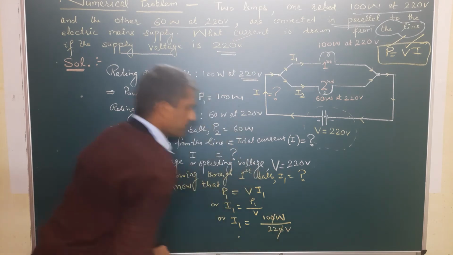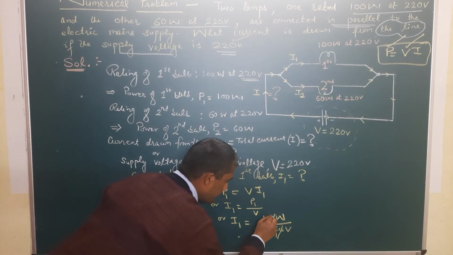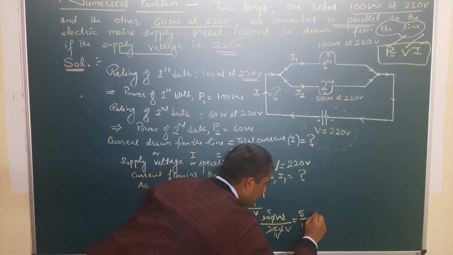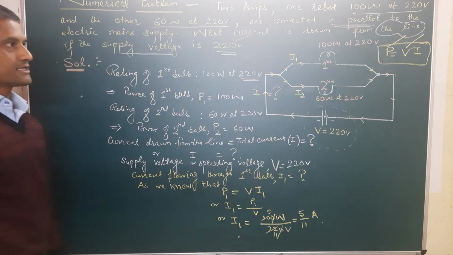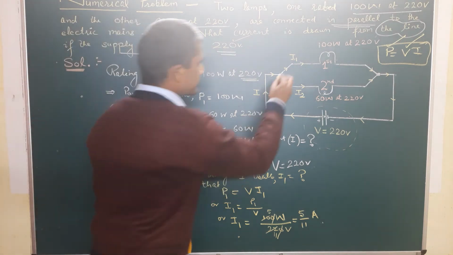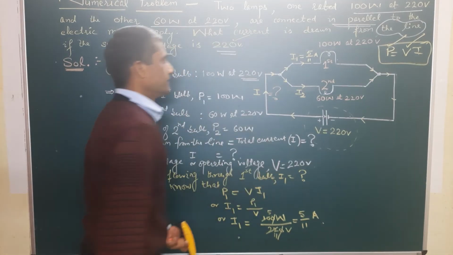It cancels here, and it is 5 upon 11, so we get 5 upon 11 ampere. That's the current flowing through the first bulb, written here as 5 upon 11 ampere.